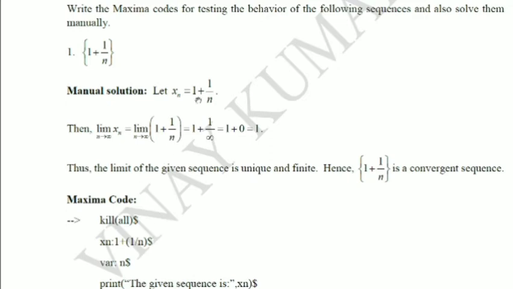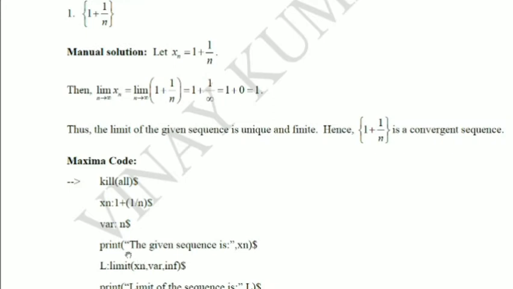And the variable in the nth term is n. So let's call var, which is assigned with n. For var, you can give anything. And print, I just want to print the sequence. So print the given sequence is, and just print the nth term of the sequence, that's it.